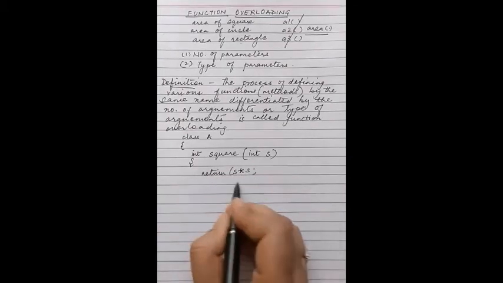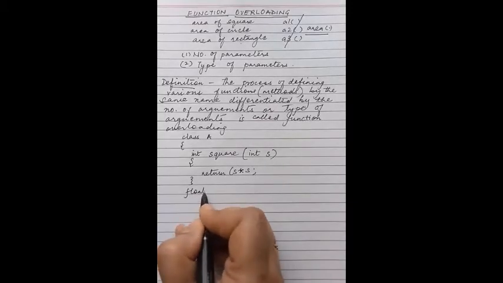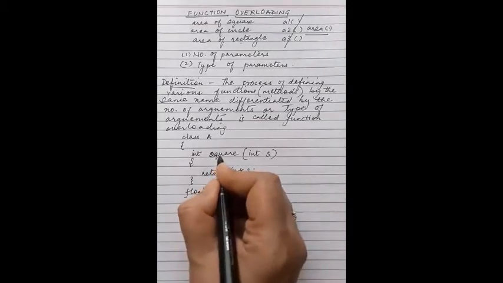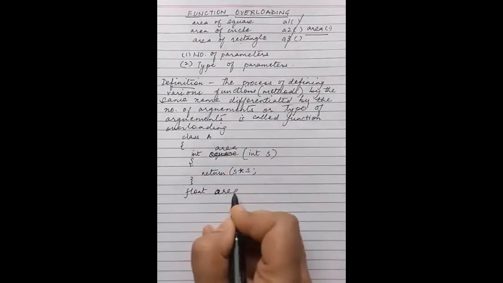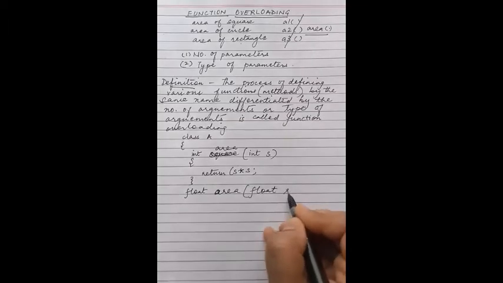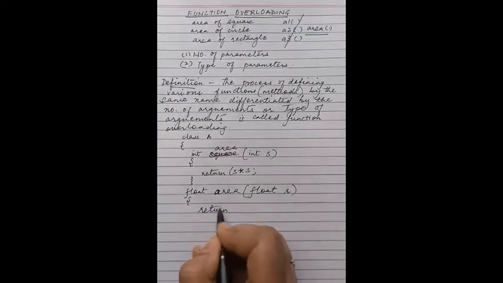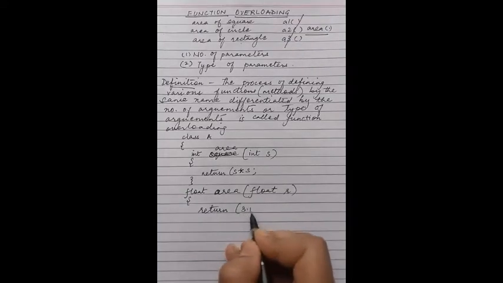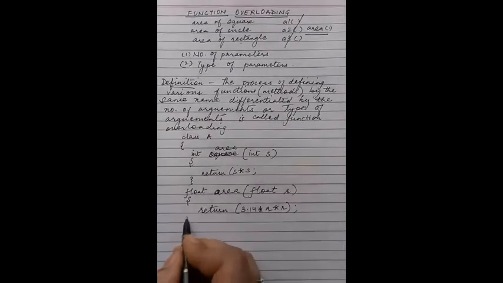This is the area of a square. Next I am writing float. Instead of square I am writing the name of the function as area. All the function names will be kept as area. Here I am writing float r. This is the radius of the circle. So I am returning the area of the circle, 3.14 pi r square, as a float.